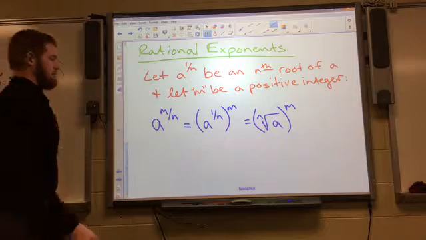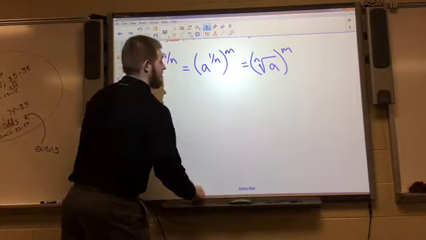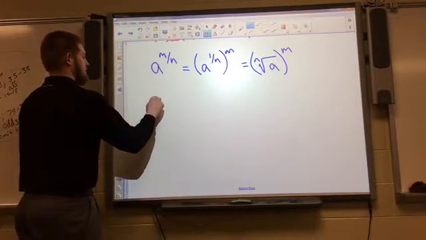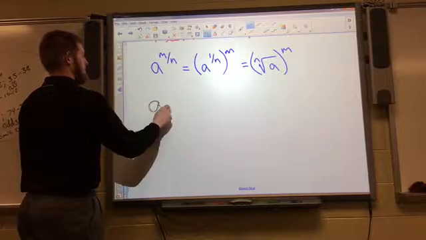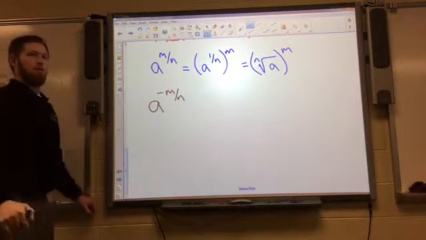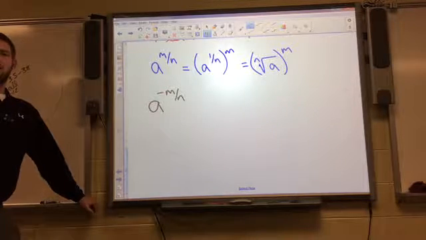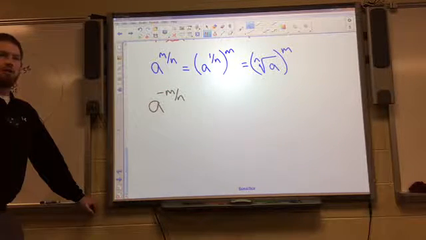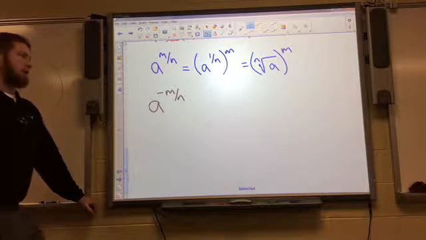Okay. The other one that we want to talk about is what if it's a to the negative m over n. Use your information that you already know. If you have a negative exponent, what do you need to do with that? You need to put it on the bottom.